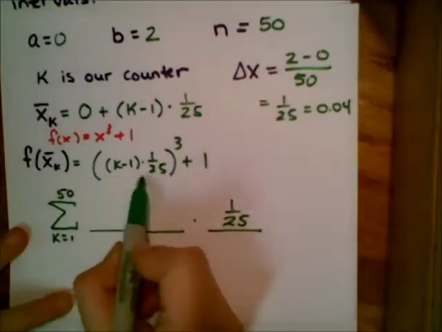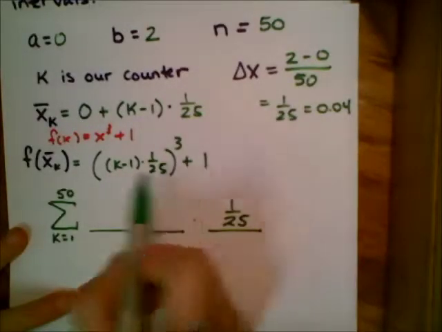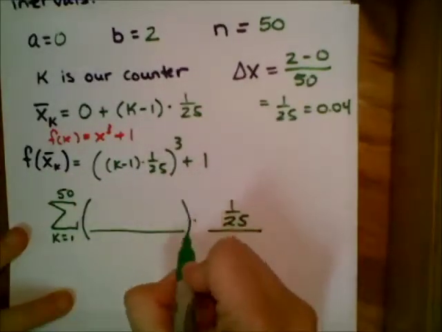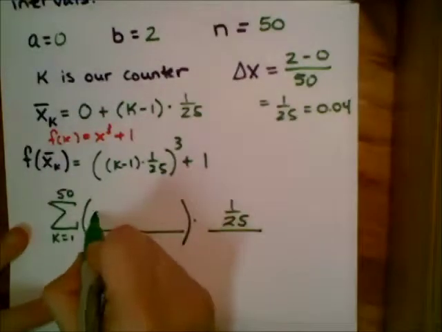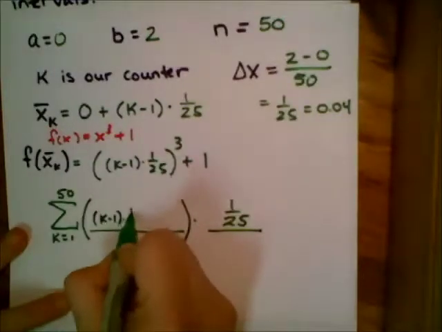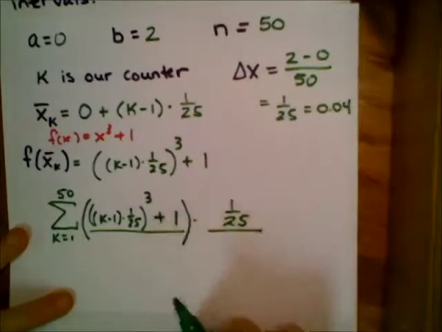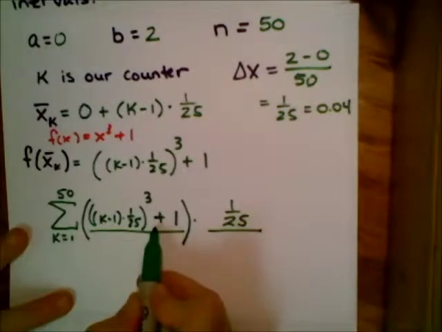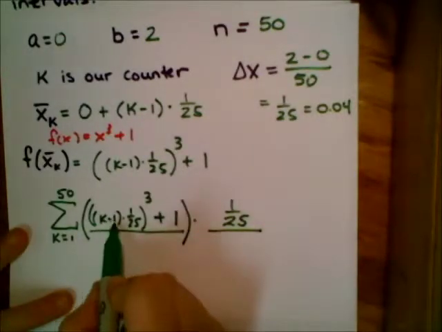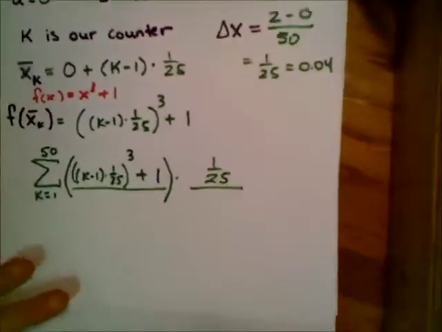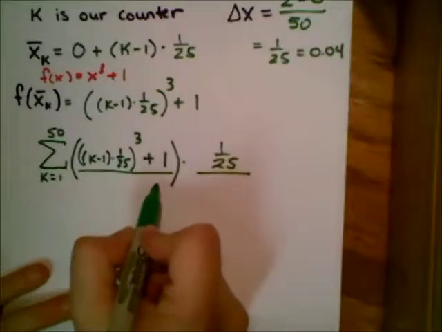And up here above, we've written f of x bar, and we're going to need another set of parentheses. So we take k minus 1 times 1/25, that's cubed, and add 1. And when we start to simplify, then we have the sum times 1/25. That's how you set up the Riemann sum.